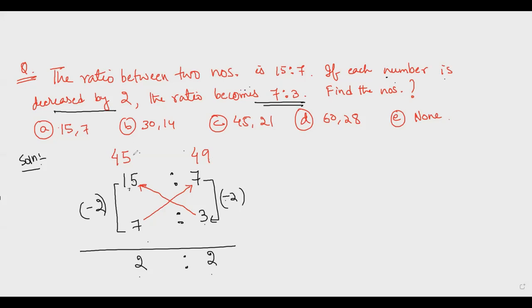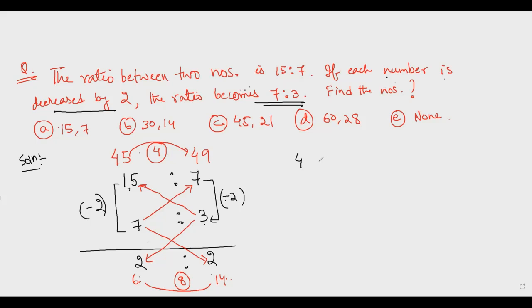Now what is the difference? 45 and 49, the difference is 4. Now multiply here, this one, 7 by 2 is 14, and 3 by 2 is 6. Now what is the difference between 6 and 14? It is 8. Is that okay?